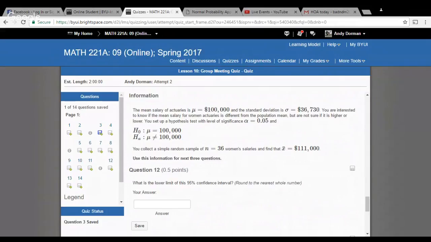So all we need is standard deviation divided by, hold on there. You getting this? Okay, very good.